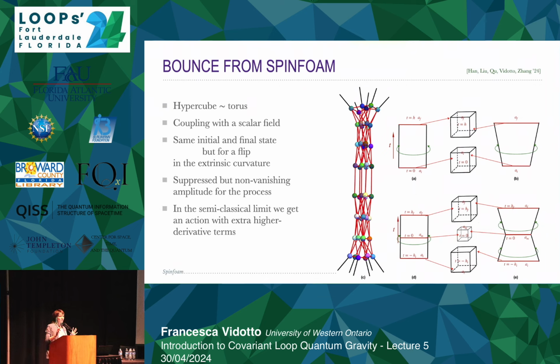So if I understand your question, the problem is that I'm talking about something that happens in the early universe, right? But the states that I am considering are semi-classical states, right? So the question is the interplay between these two things.